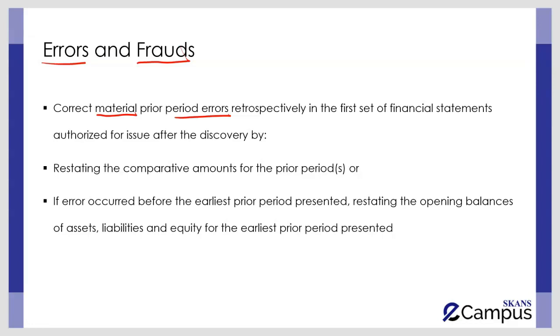So the standard says that if there are any errors which are material, it can be with respect to quality, it can be with respect to quantity of the error. So if there is an error, then you have to correct it retrospectively in the first set of financial statements authorized for issue after the discovery.